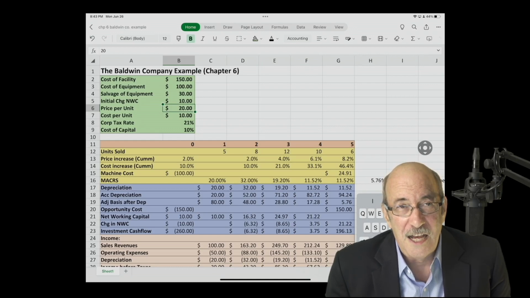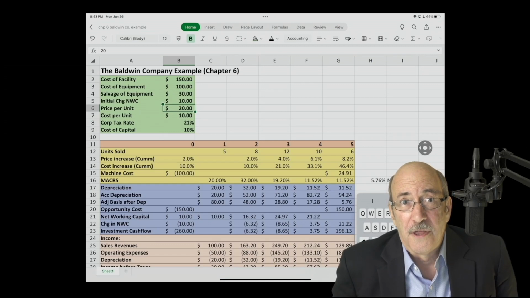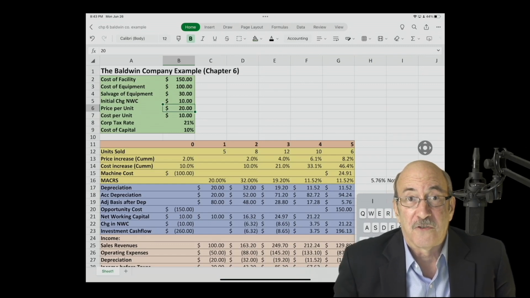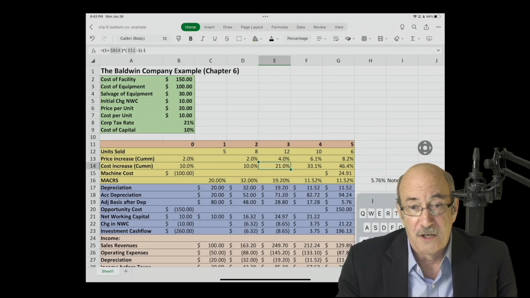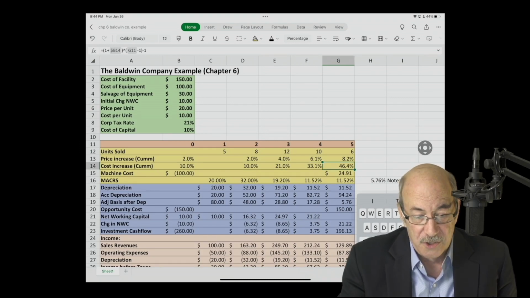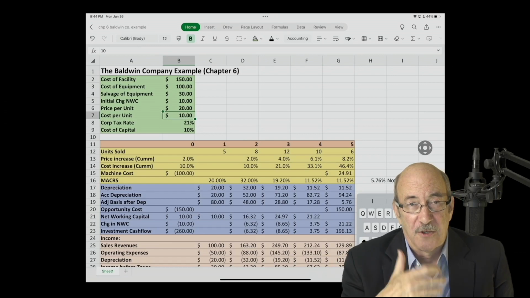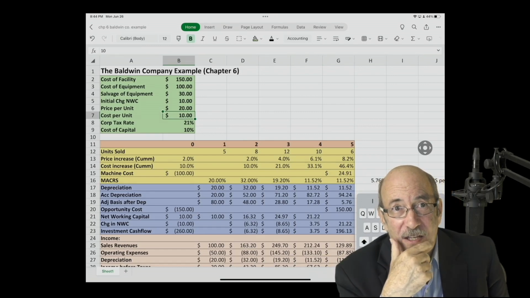So get in that habit. When you're building a spreadsheet, make sure that you build it with as much flexibility in it as you possibly can. I did the same exact thing here for the cost increases. Notice it goes 10, 21, 33.1, 46.4. So if somebody tells me, you know what, actually the cost is 11, not 10.